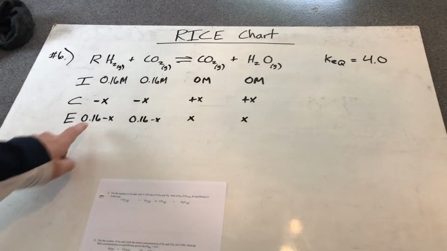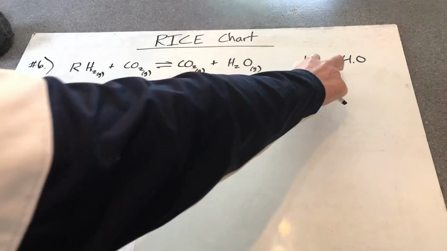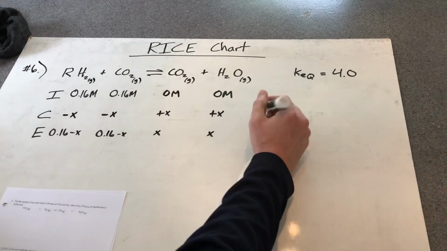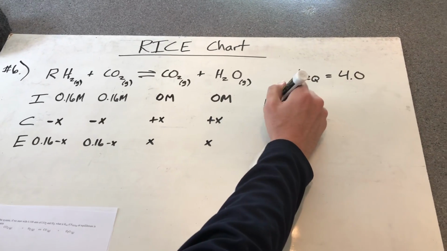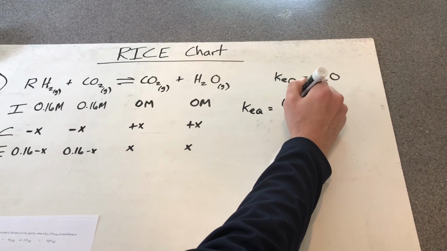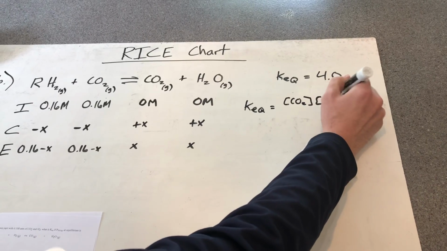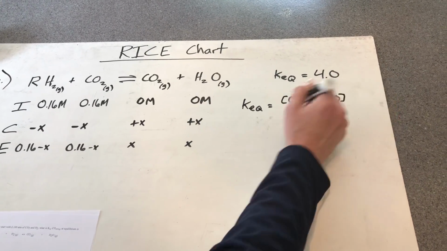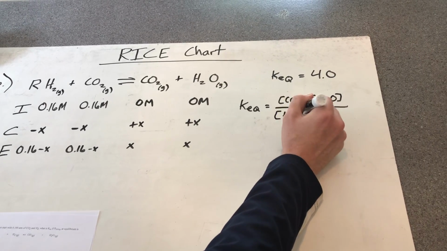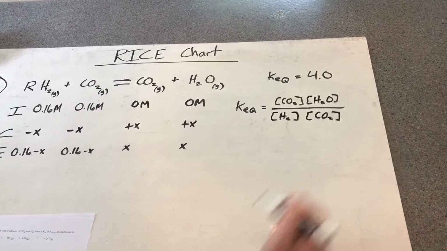So to figure out the equilibrium concentrations, we obviously need to solve for x. To do that, we're going to use the KEQ value we have over here to help us algebraically solve for x. To do that, we need to write a KEQ expression, which is law of mass action, products over reactants. So it's the concentration of CO2 to the first power, concentration of H2O, also to the first power, over the reactants, which is concentration of H2 to the first power, and the concentration of CO2 also to the first power.